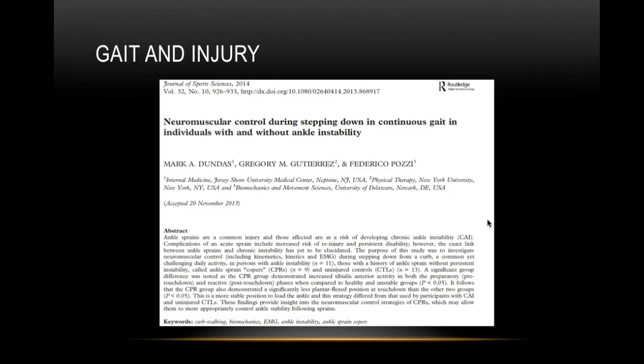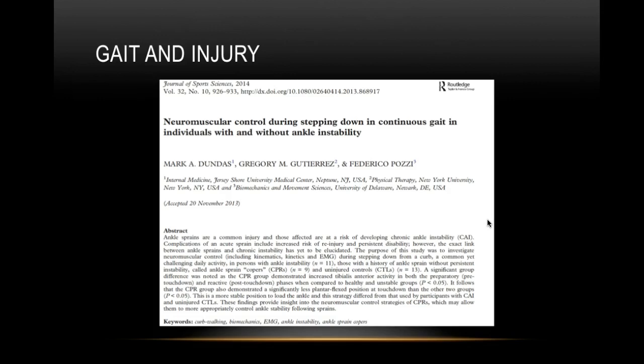They measured these patients' tibialis anterior activity during a stepping motion, as if they were stepping down a stair. They also measured the different angles that they would put their ankle at before, during, and after stepping down the step.